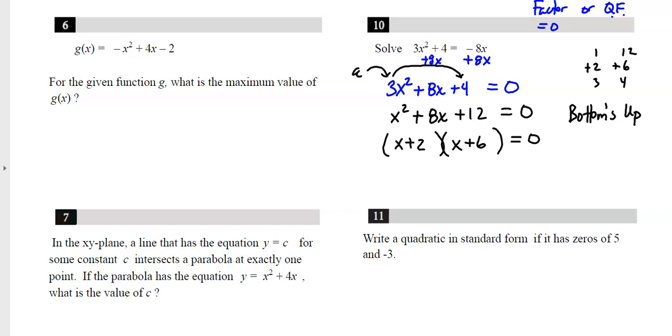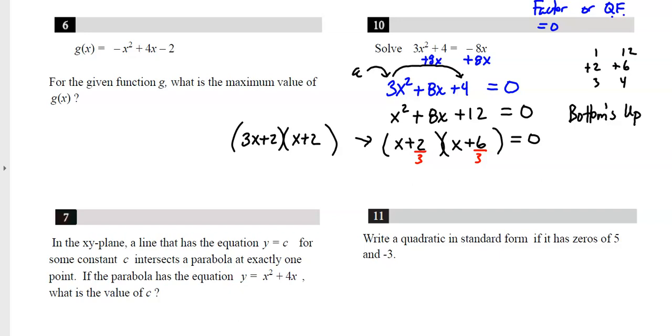You're not allowed to just multiply 3 by 4, so I'm going to divide by that 3. I'm going to divide by that a on both pieces. And what I get is, now normally if it was just factoring, I try to simplify, and if I can't, this side right here would have been 3x plus 2, and then the one on the right would have been x plus 2, and that's how you factor it.